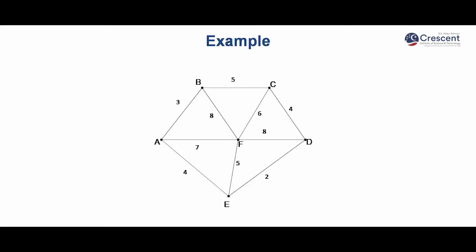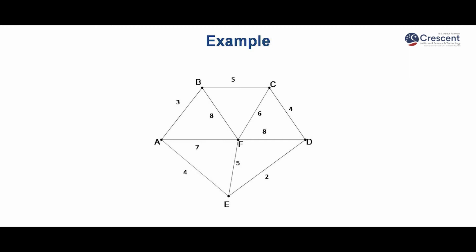Now let us explain with an example. We are taking an undirected weighted graph with 6 vertices. We are representing them as A, B, C, D, E and F. All our vertices represent cities, and an edge connects any two vertices, and every edge has a weight.